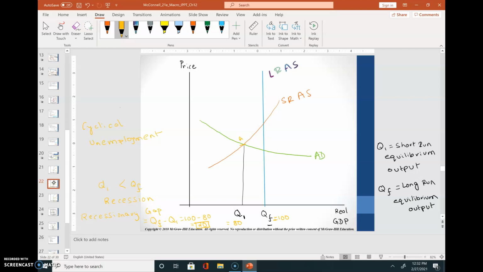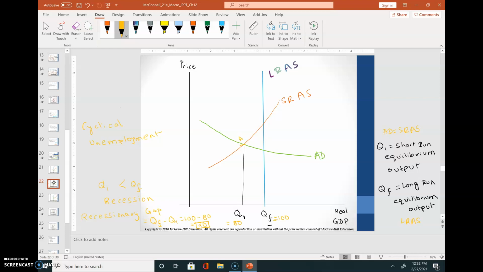So Q1 is the short run equilibrium. This is because the aggregate demand curve is equal to the short run aggregate supply curve only at Q1 levels of output, and QF is the long run equilibrium output that is associated with the long run aggregate supply curve.